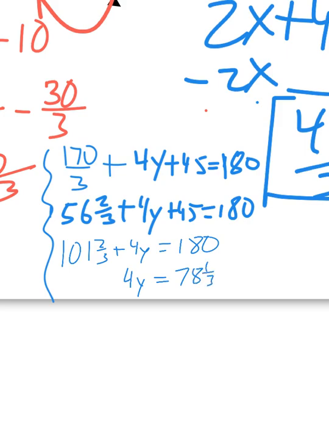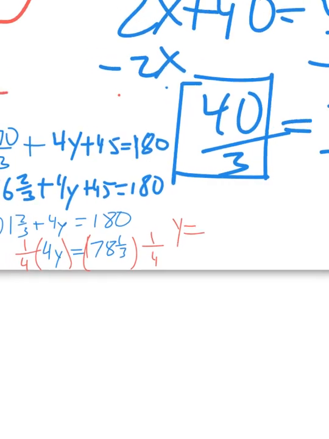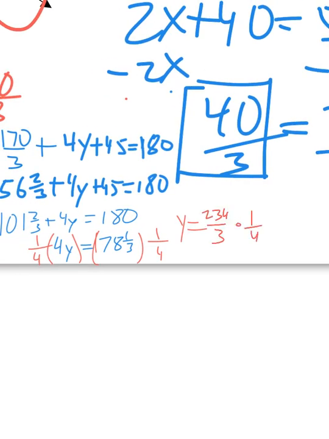And if we divide this by 4, all right, this is a mess because of the fractions. I'm going to multiply it by 1/4. And so that's going to give us y equals 234 thirds times 1/4. Yeah, this is ugly.